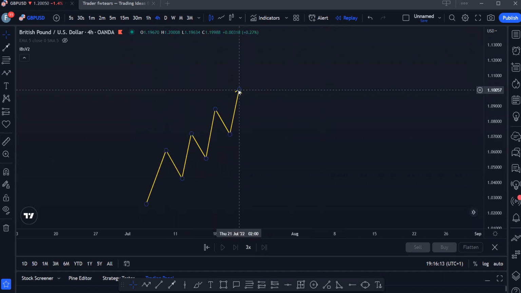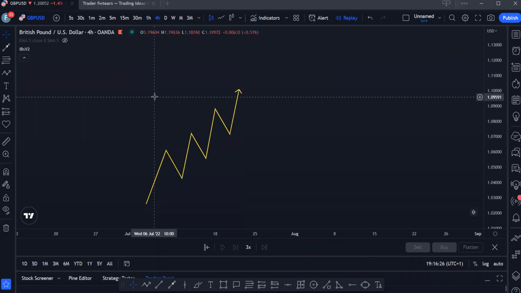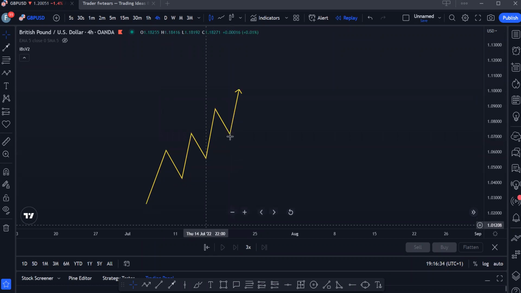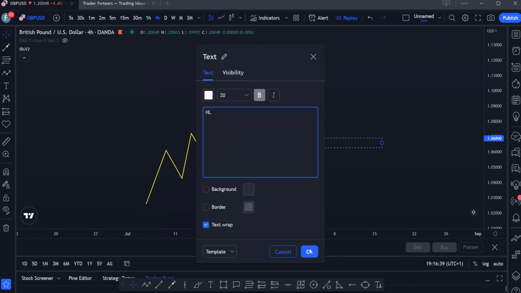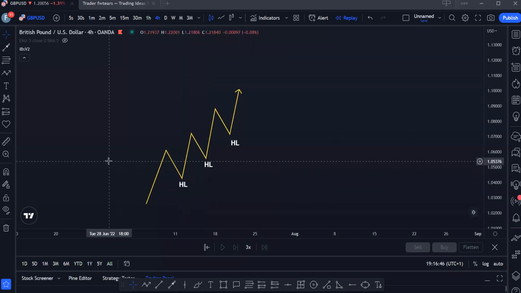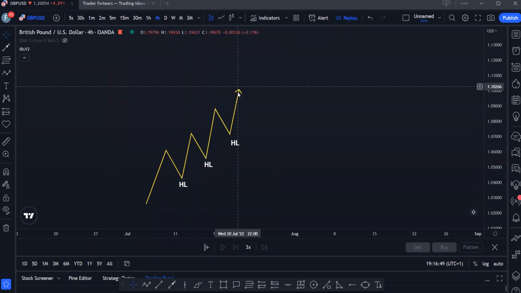Now, how do you know that an uptrend is coming to an end or has come to an end? You want to see structure being broken. When I say structure, I mean these are higher lows, higher lows, higher lows, and then you have higher highs here.